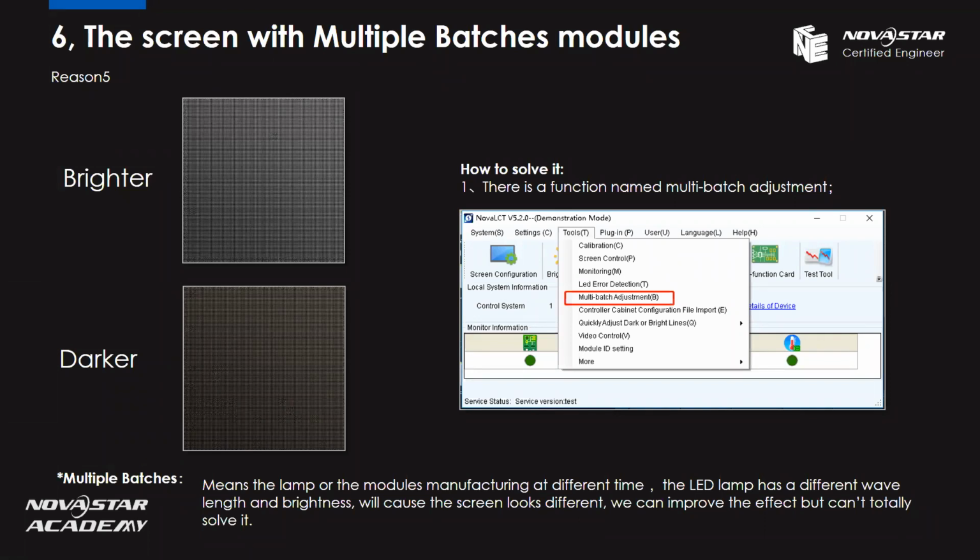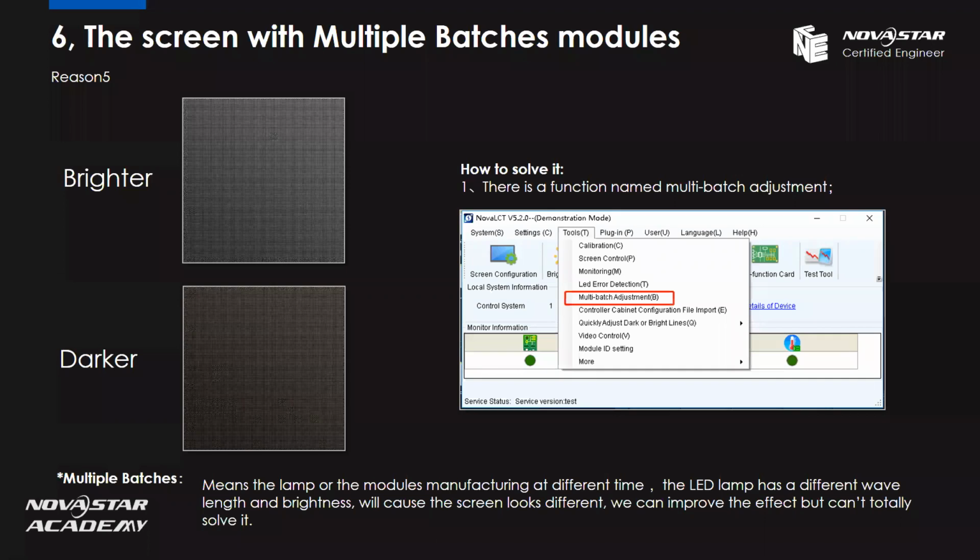Okay, let's check these 2 pictures. The top one looks brighter, but the bottom one looks darker. So if we want to install them together as one screen, of course, we will see the difference when it works, right?